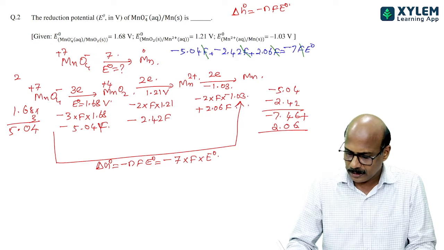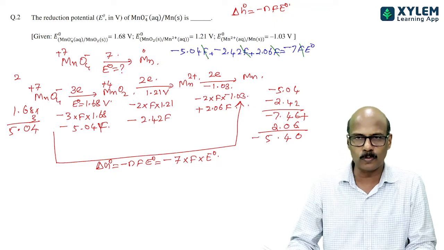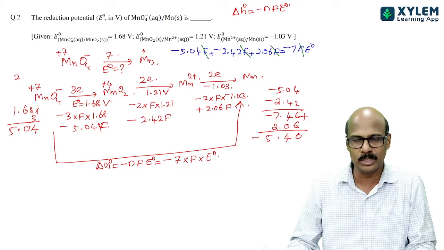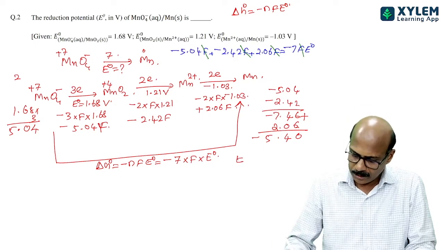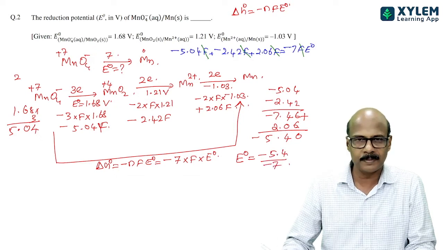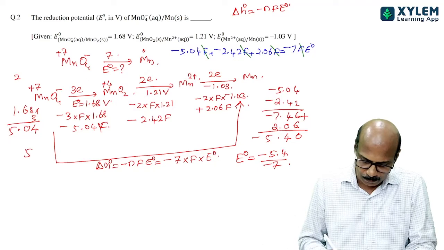Here one is positive and the other is negative. So you can write it as minus 5.4 volt. So minus 5.4 is equal to minus 7 E0. So what will be E0? E0 equals minus 5.4 divided by minus 7. Am I right? That is 5.4 divided by 7.